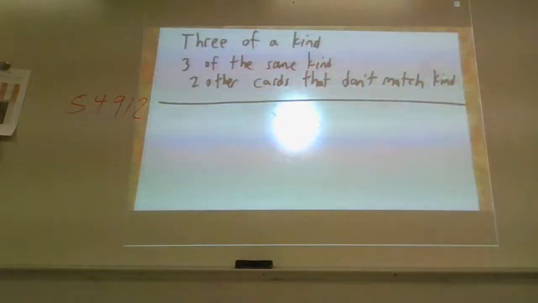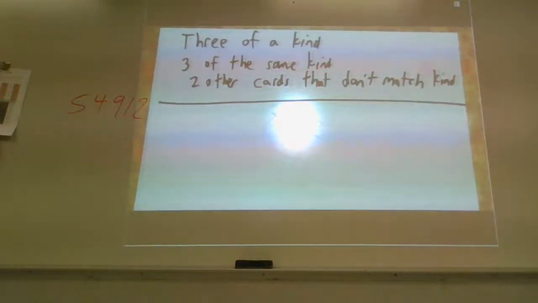So let's talk about the 3 of a kind. I asked you this question, and we wrote this down a while ago when we were talking about poker hands. How many different kinds are there? There are 52 cards. There are 4 suits, and there's 13 kinds.